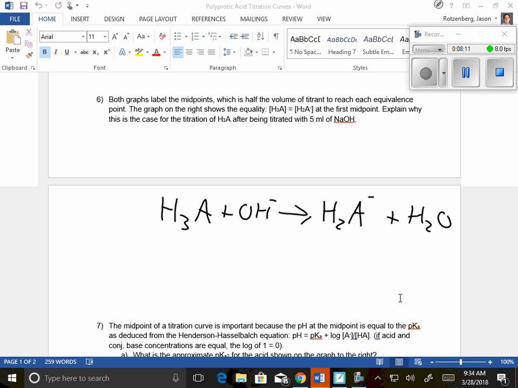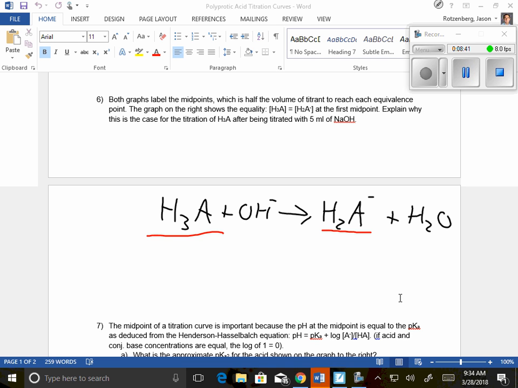If that graph shows it takes 10 mL of OH minus for this reaction to be complete, but instead I only add 5 mL, that means after adding 5 mL, I have equal amounts of this and this, because half of the H3A has reacted, the other half hasn't reacted.